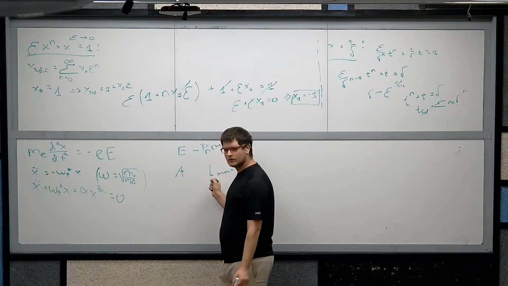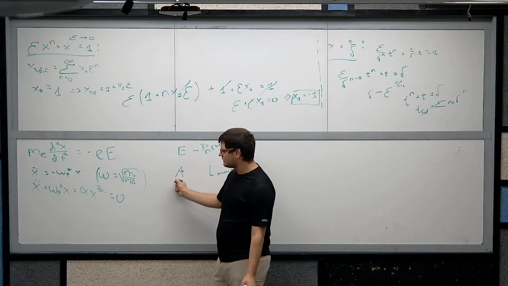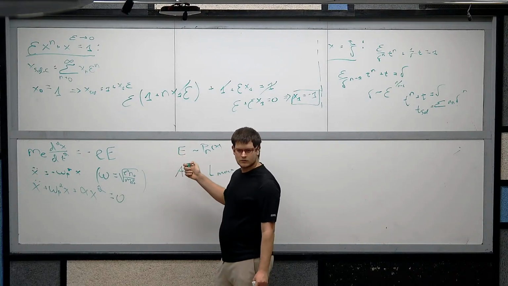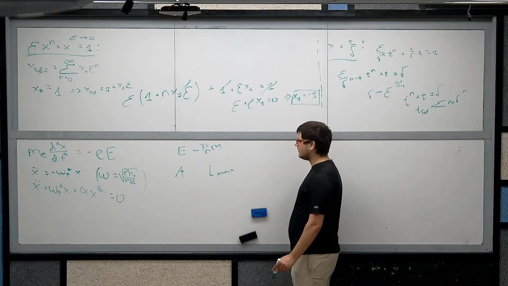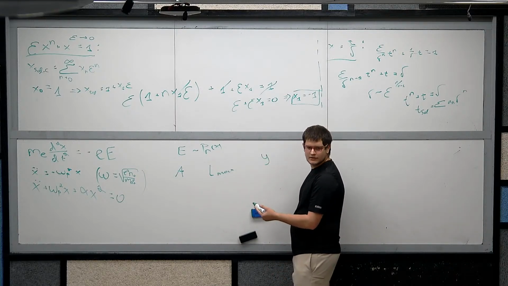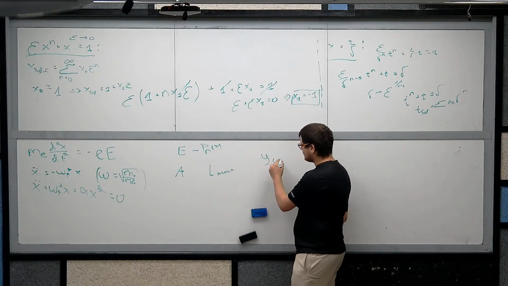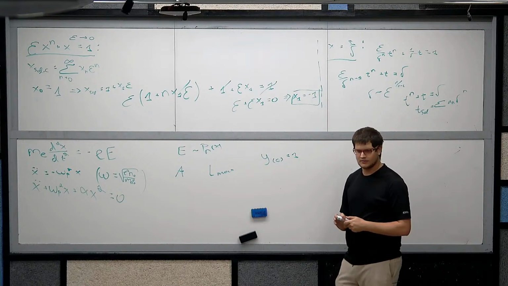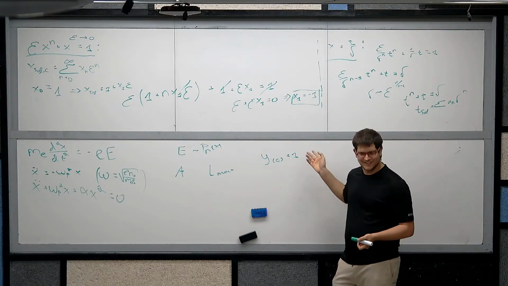That is usually what it takes, and here it's the same as taking the amplitude. So our boundary condition will be something that goes like y of 0 is equal to 1. That is a very nice boundary condition, 1 in units of A.